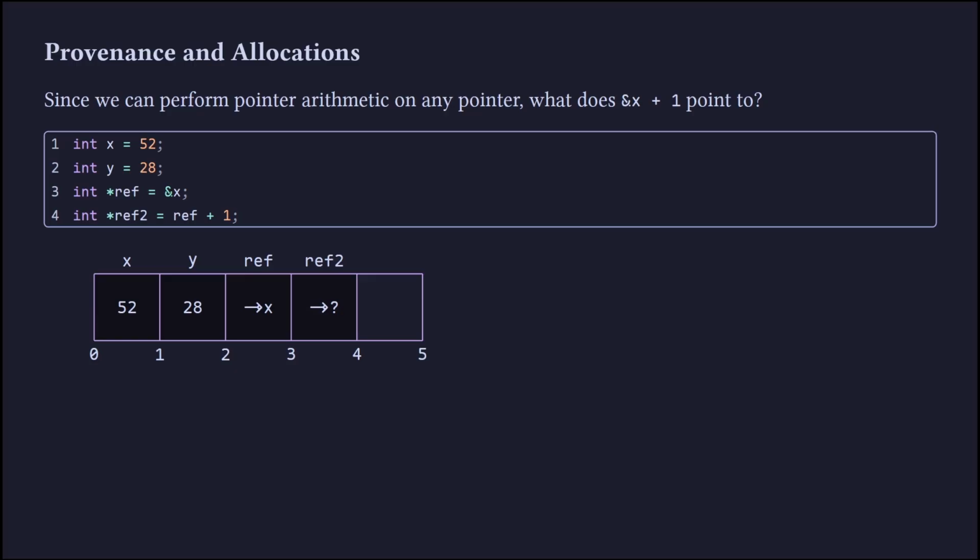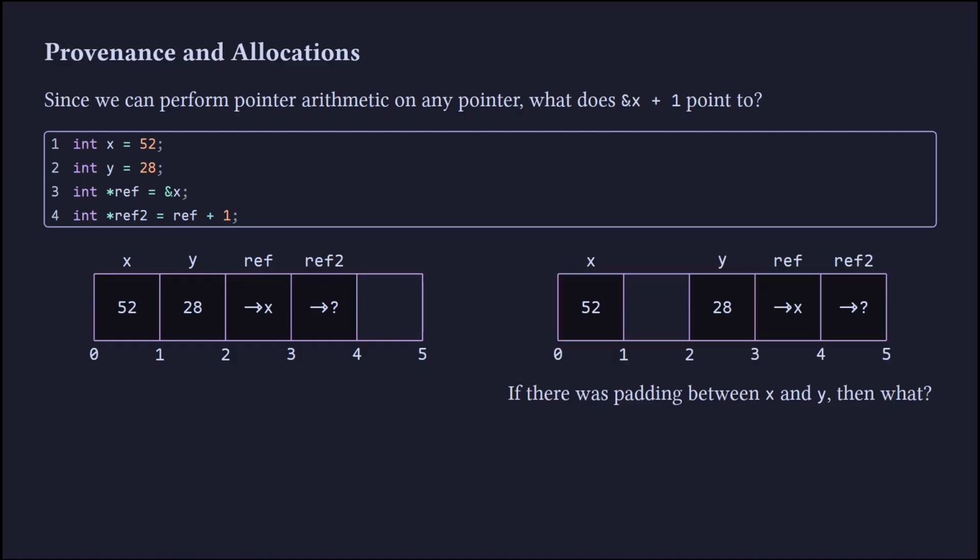So it could be the variable y. I've very deliberately set up this example to make x and y the same size. But in a practical example, we can't always assume this, and there might actually be some padding in the address space between x and y. There's no guarantees about where things are going to sit.